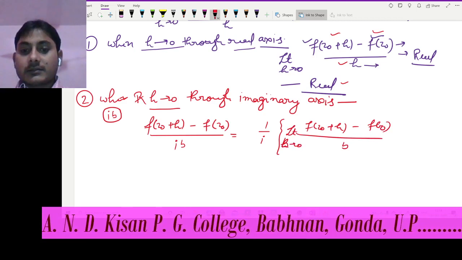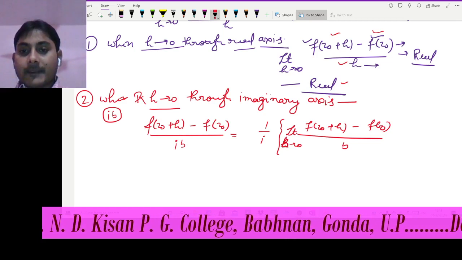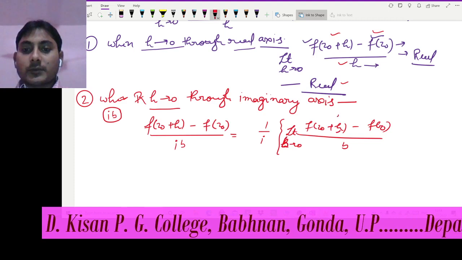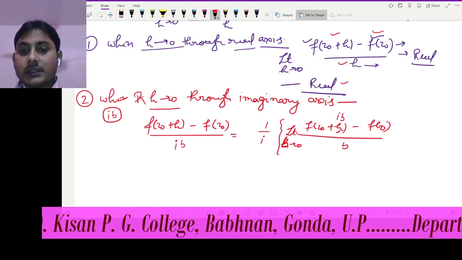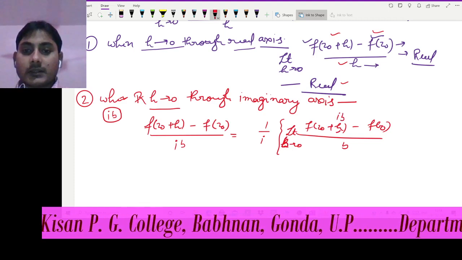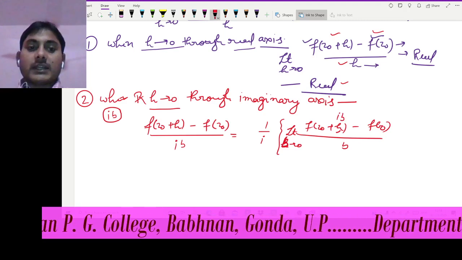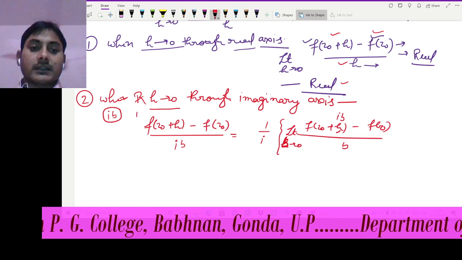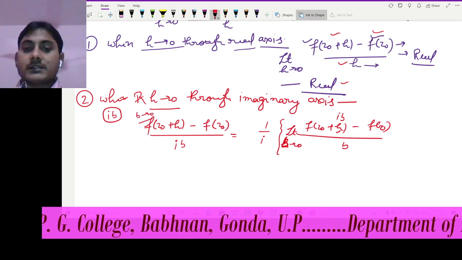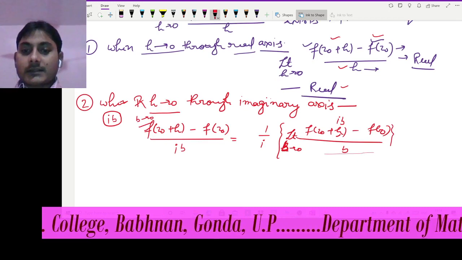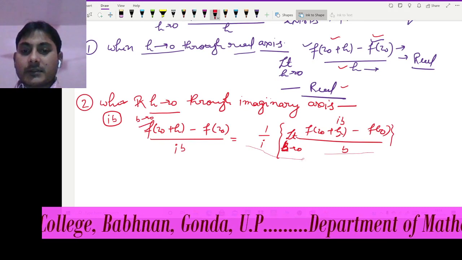So here b is going to 0, and in place of h you can put ib. Because h was approaching 0, in that case b will approach 0. So now consider this case.